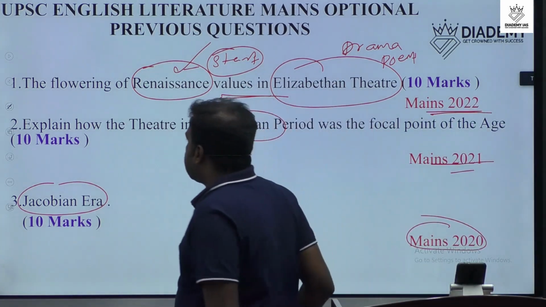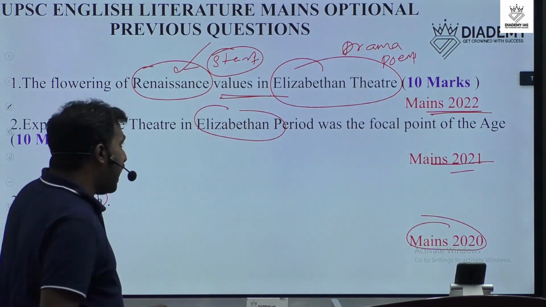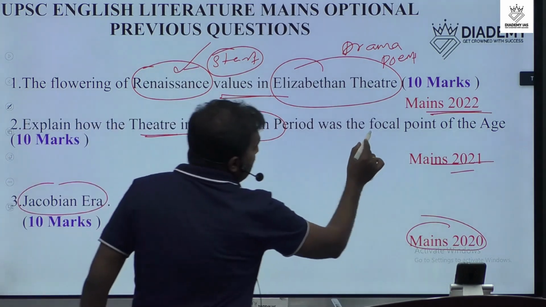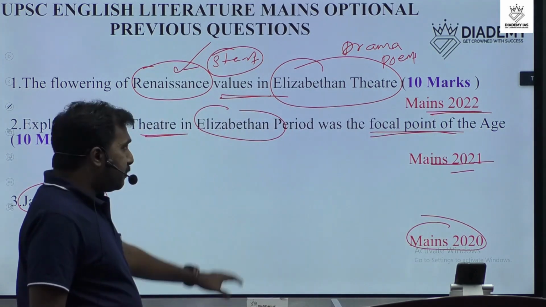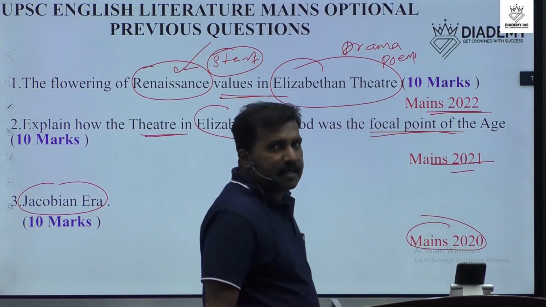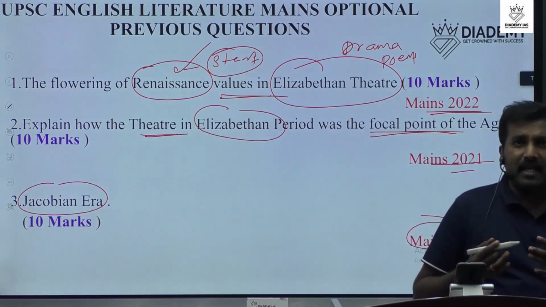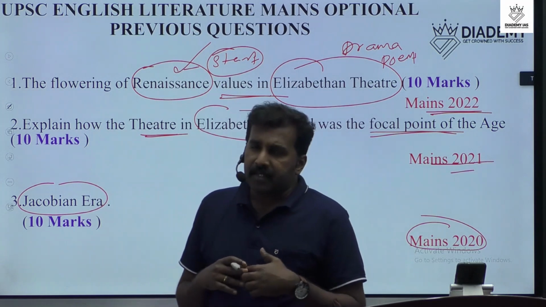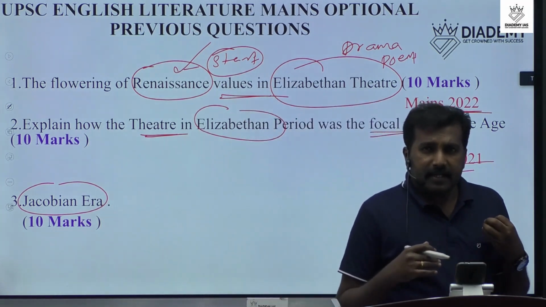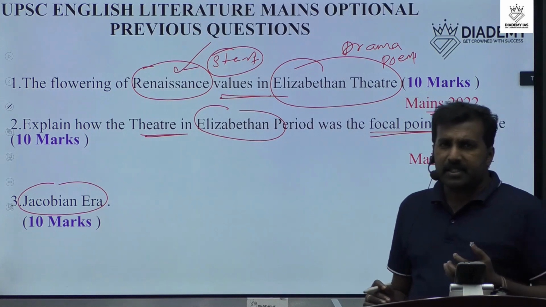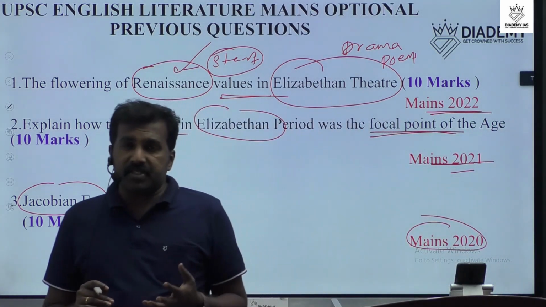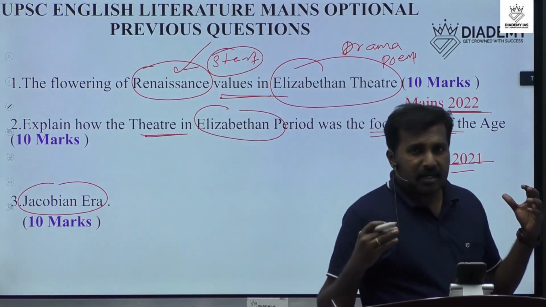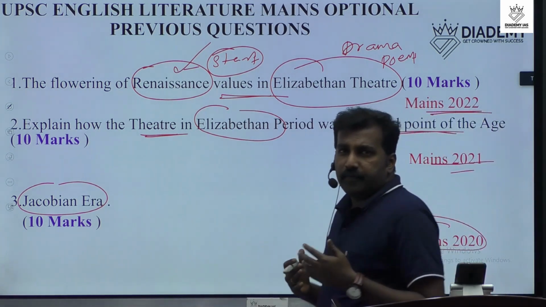The second question, in 2021, UPSC asked: explain how the theatre in the Elizabethan period was the focal point of the age. This point we also discussed in the last class. During the Elizabethan time, specifically the open air theatre was launched, and a lot of literary works, specifically plays, and different types of plays were introduced, and a lot of talented writers were there at that time.